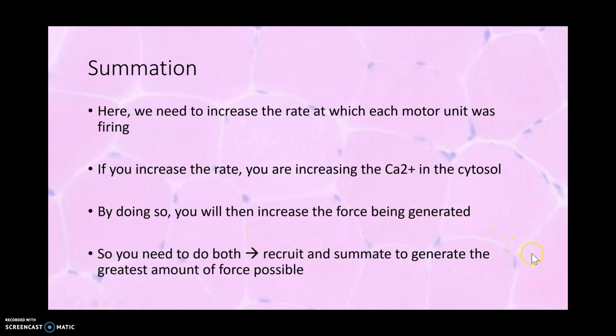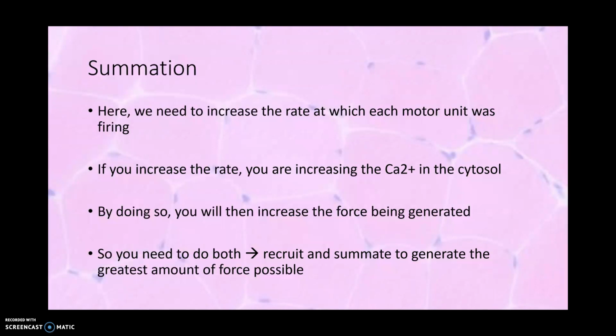When we talk about summation, we need to increase the rate at which each motor unit is firing. If you increase the rate, you're increasing the amount of calcium in the cytosol, and by doing so, you will increase the force being generated. So you need to do both. You need to recruit more motor units, and then you need to summate them together to generate the greatest amount of force possible.